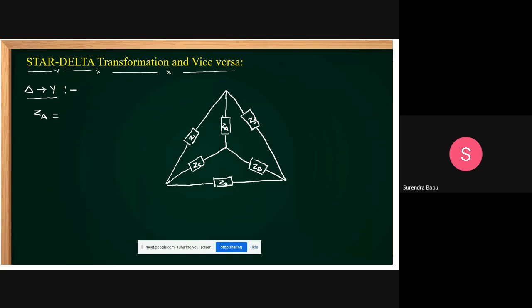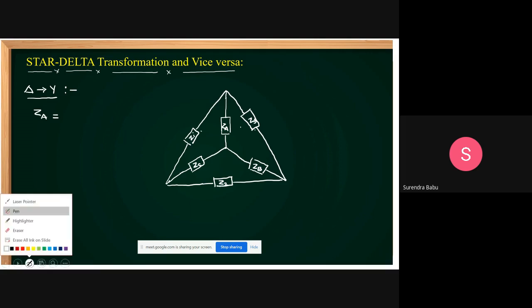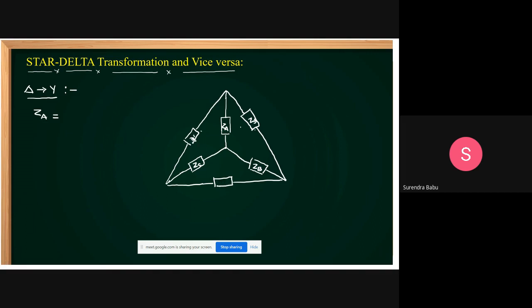Simply remember, if you want ZA, then you take ZA equal to the product of the opposite. Z1, Z2, Z3 I have taken, or otherwise you take any fashion, no problem. Any impedance you take. I'm taking as a sequence. Let this be Z1, this Z2, this Z3.